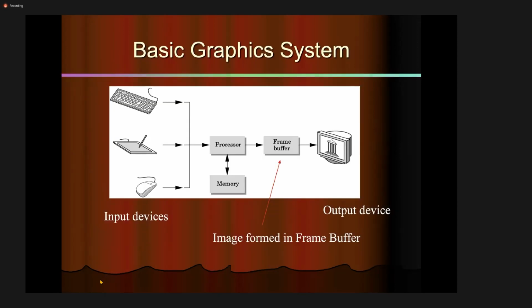Now, the basic graphic system consists of input devices, processing devices and output devices. Let's see what the main devices are and what their operations are.